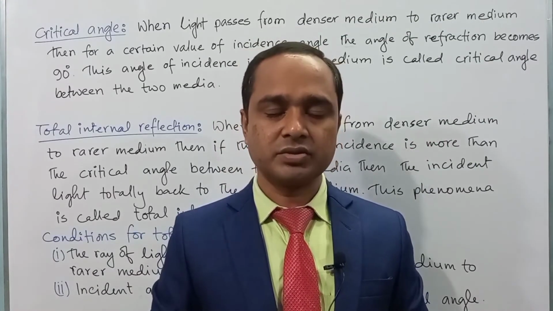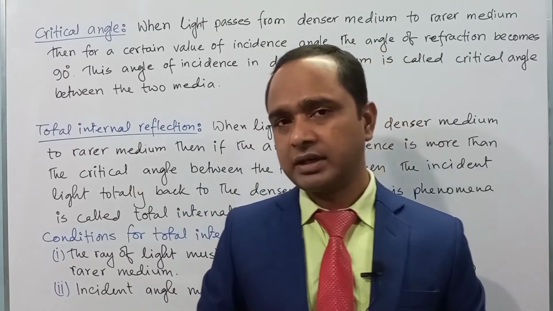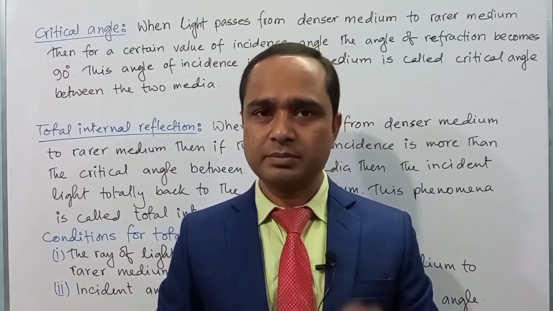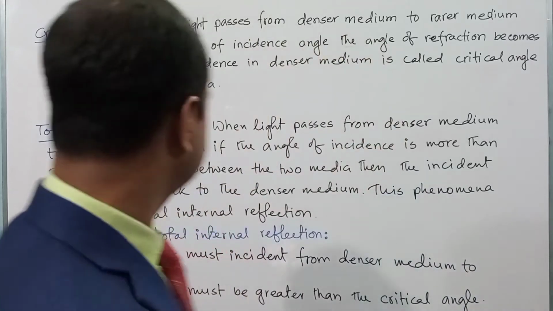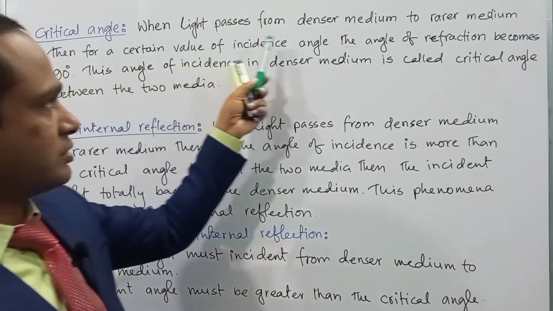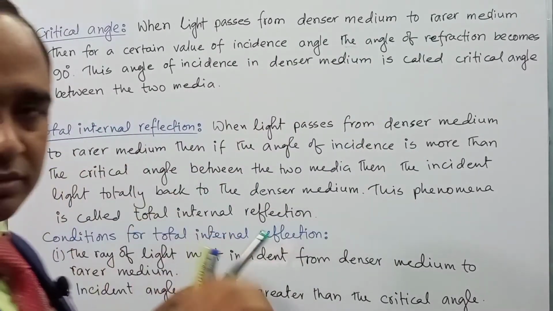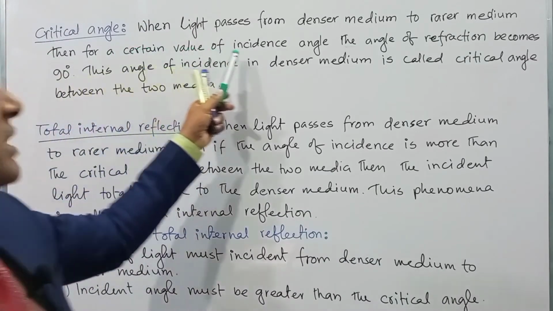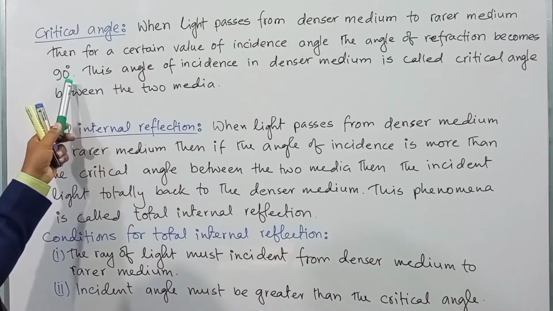Okay, dear student, now we will see the definition of critical angle and total internal reflection. These are two very important definitions of this part. According to the definition of critical angle, when light passes from a denser medium to a rarer medium, then for a certain value of the incident angle, the angle of refraction becomes 90 degrees.